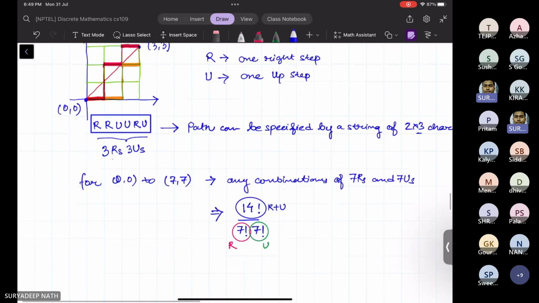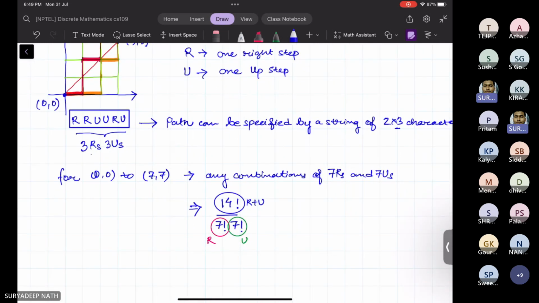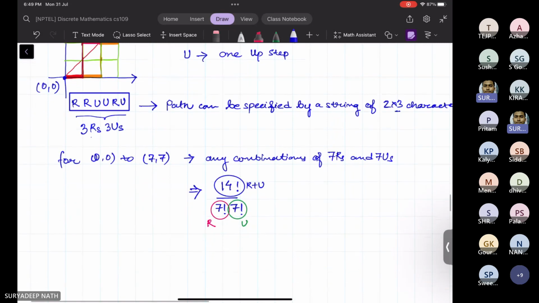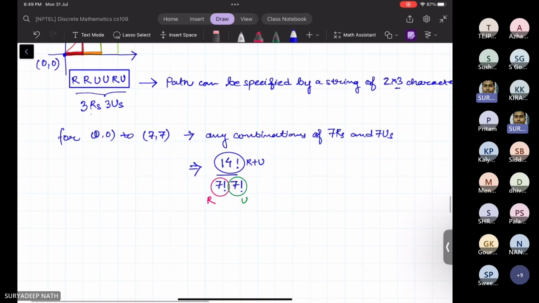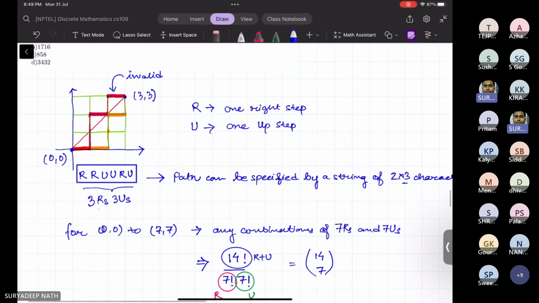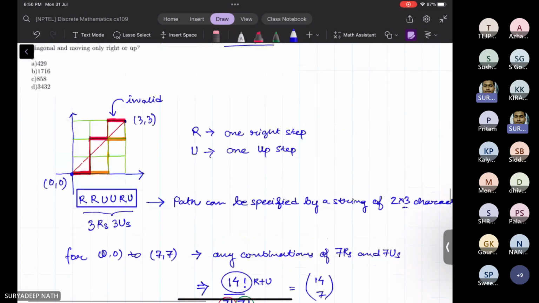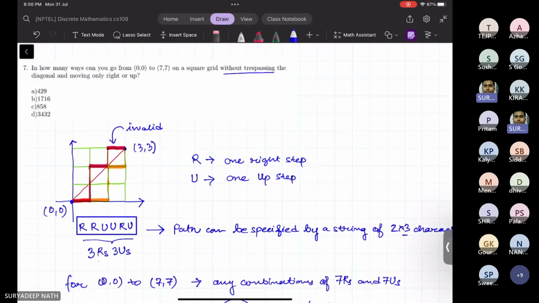Now we'll have this many total paths, that is 14 factorial, and we are dividing by 7 factorial because all the R's are identical and all the U's are identical. So you have 14 factorial divided by 7 factorial times 7 factorial, which translates to 14 choose 7. Now comes the interesting part, that we cannot trespass the diagonal.